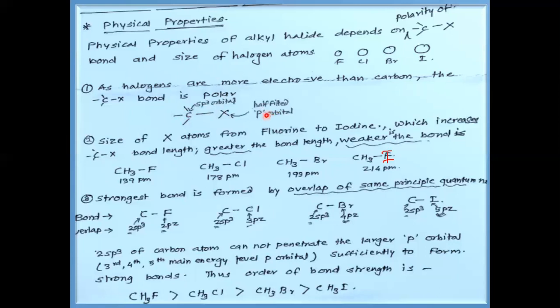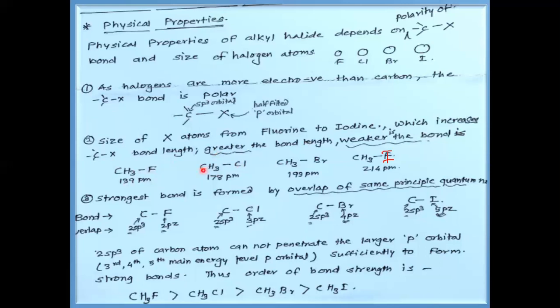Okay, the size of the X atom increases from fluorine to iodine, which increases the C-X bond length, and the greater the bond length, the weaker the bond. That is, CH3F 139 picometer, smaller size.